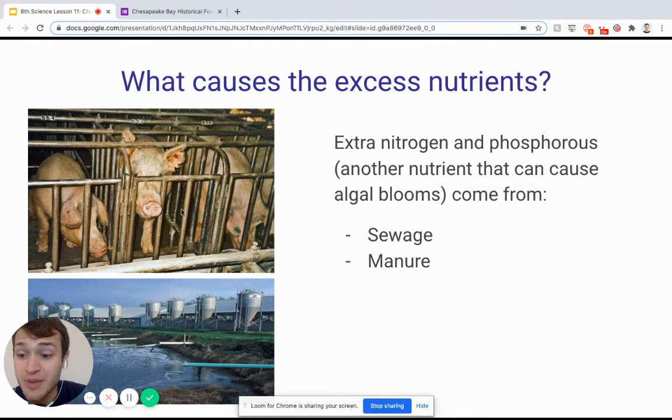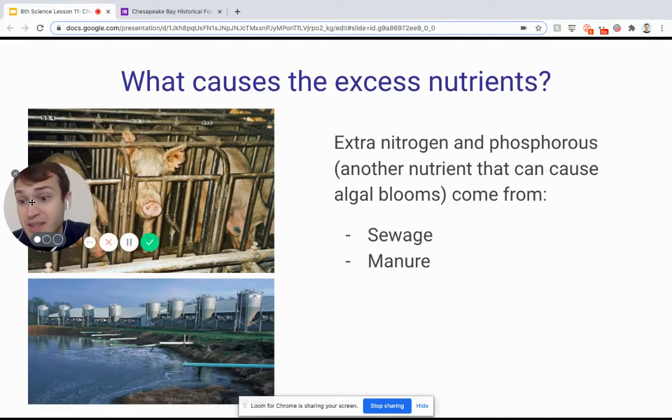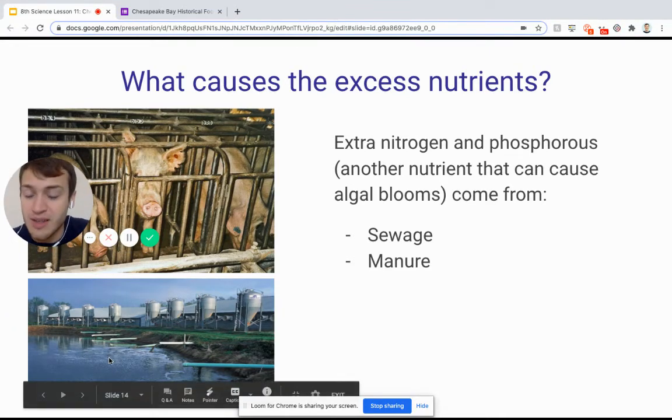When I was there, I was studying pig farms. One thing that I looked at a lot was how pig farmers will often store the pig's poop in an open air pond, because that's cheaper. It's very cheap to store it like this.